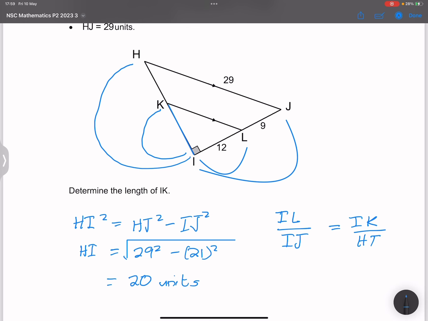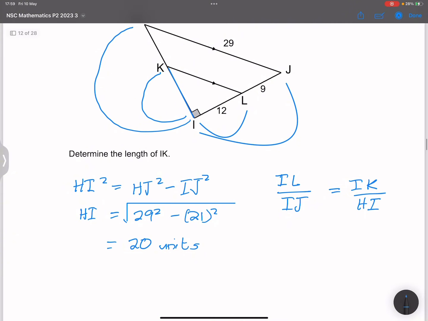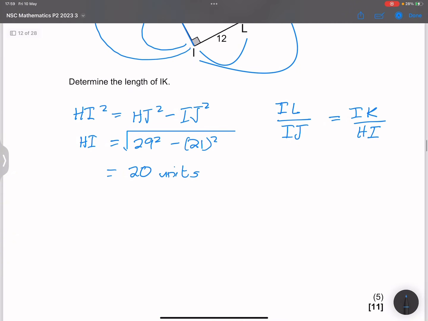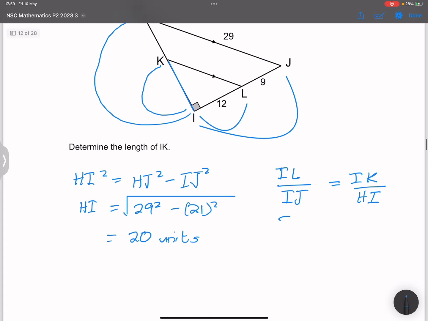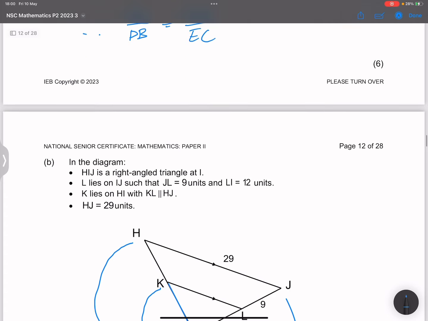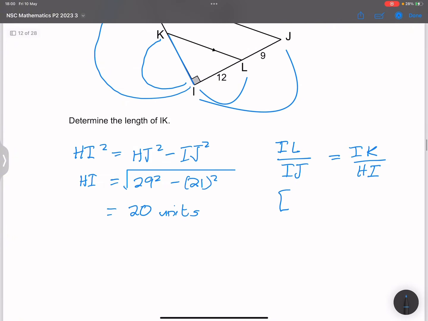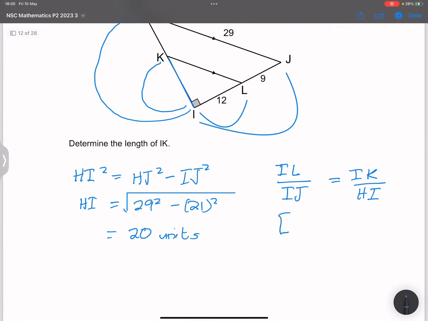All right, and remember we need to give a reason for that. Sorry, I don't have enough space. So in this case, this is exactly what we said: a line that is parallel to the third side of a triangle divides those sides proportionally. So this would be the proportionality theorem, or you can simply state that a line parallel to the third side of a triangle divides the sides proportionally.